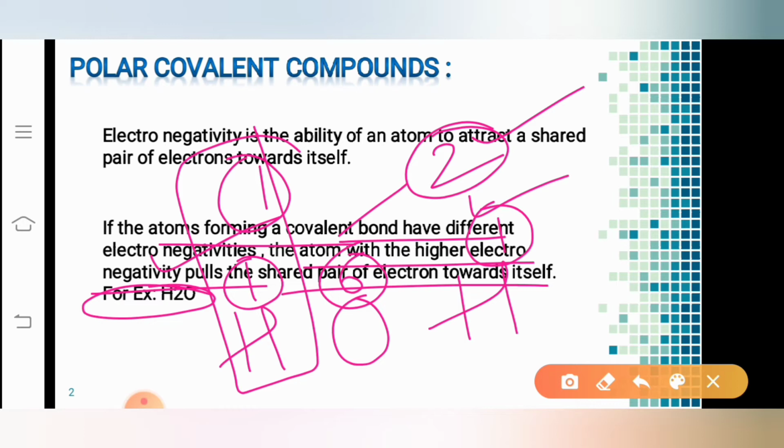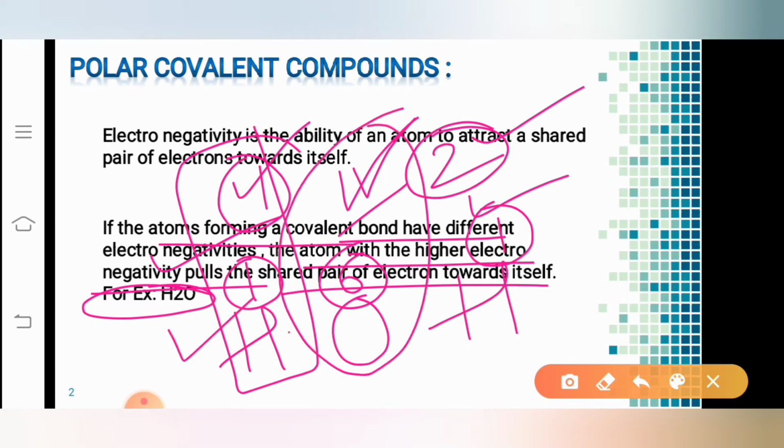The reason I am telling you this is that they have a difference in their electronegativities. Because if you look at the oxygen, it needs only 2 electrons. Hydrogen needs 1 electron. There is a difference in electronegativity. And here, as oxygen needs 2 electrons and also has 6 valence electrons, its electronegativity is higher compared to hydrogen. So oxygen pulls the electrons of hydrogen towards itself.